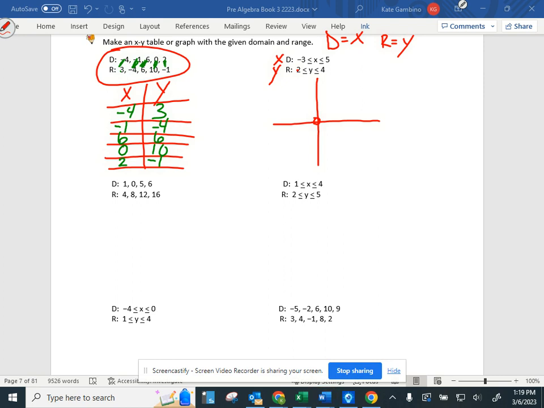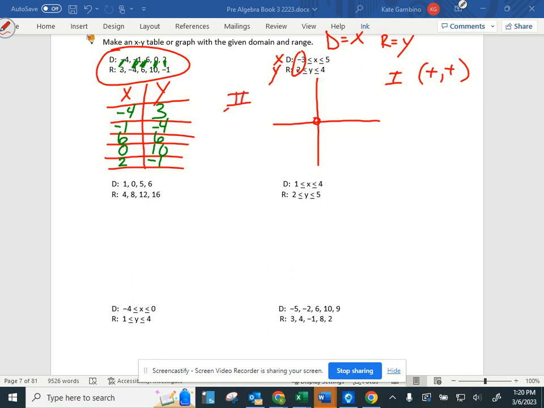So I can look at that and say, we have a -3 to where we're gonna start. And if I remember my quadrants right, my first quadrant is gonna be positive, positive. Positive x's go to the right, positive y's go up.